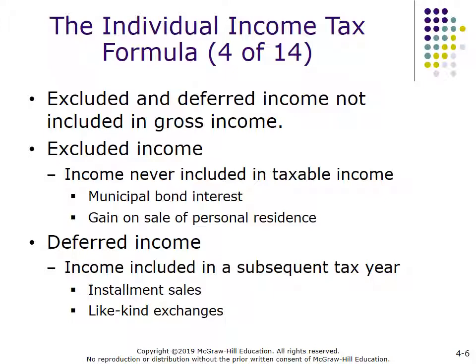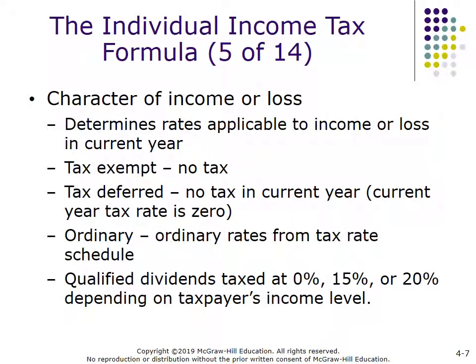An installment sale says this: you might have sold that item this year, but we're not going to tax you on the gain on that until you start receiving the cash from the sale. So it doesn't mean you never pay income taxes, it's just deferring the income tax until you receive the cash. We'll be talking about those items.